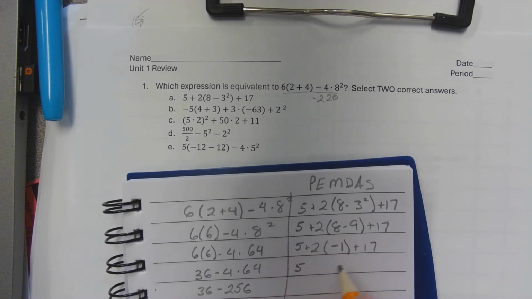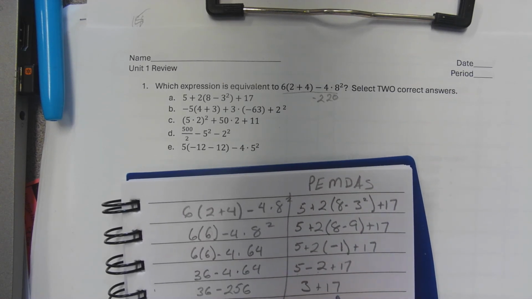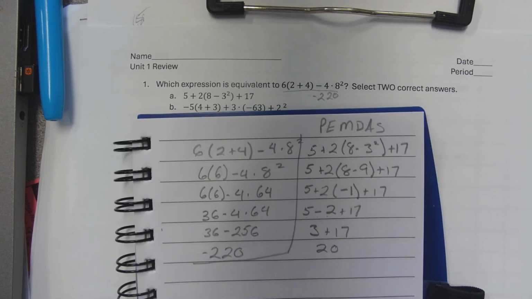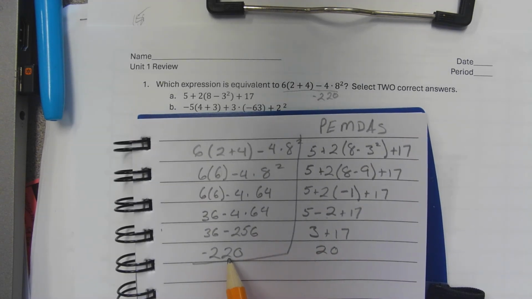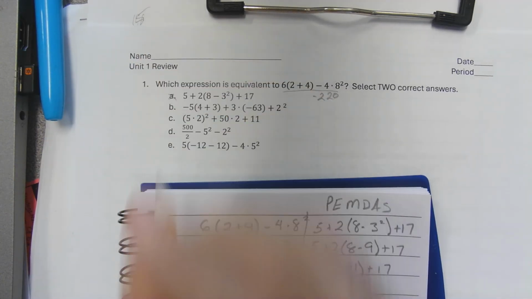And then we multiply. 2 times negative 1 is negative 2. And then we add and subtract from left to right. So 5 minus 2 is 3. And then 3 plus 17 is 20. Well, 20, oops, I'm off the screen, sorry. 20 is not negative 220, so choice A is gone.